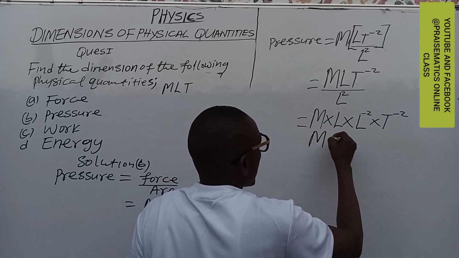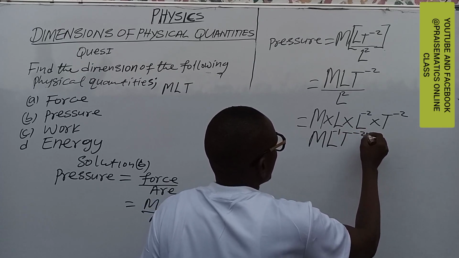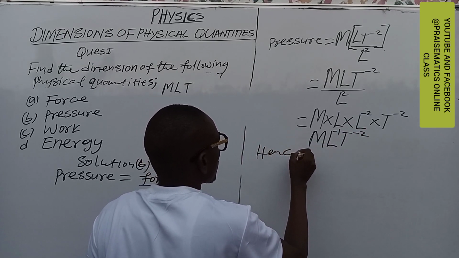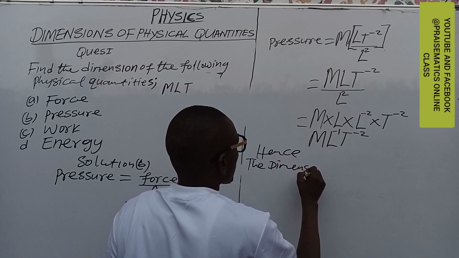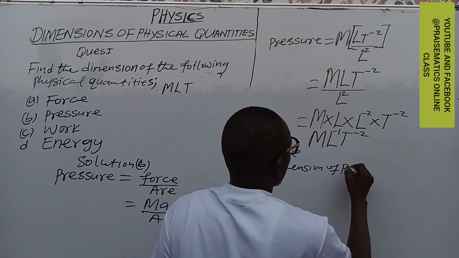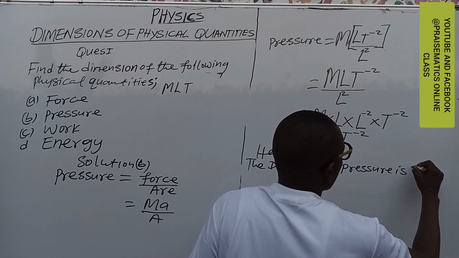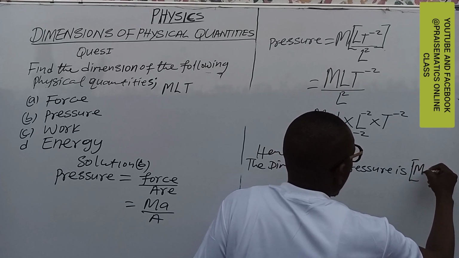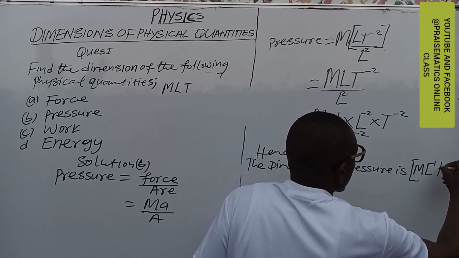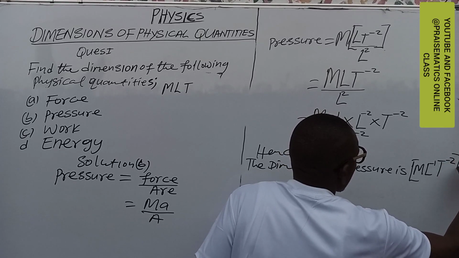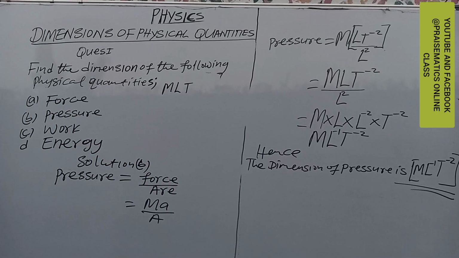So what we have is L raised to the power minus 1, T raised to the power minus 2. Hence, the dimension of pressure is M L raised to the power minus 1, T raised to the power minus 2. And that is the dimension of pressure. That is how to get it.